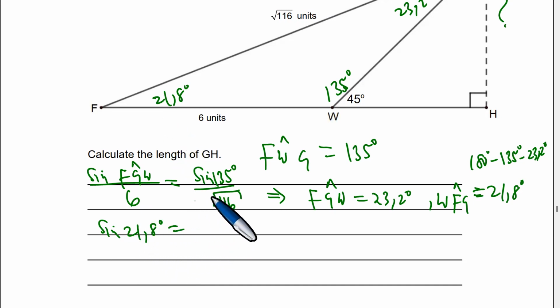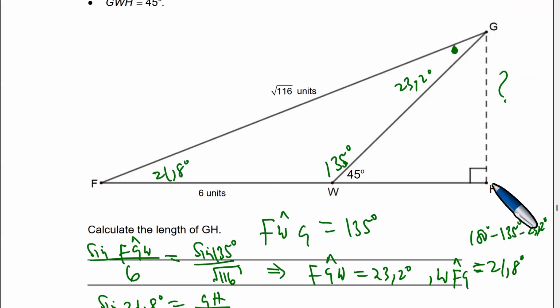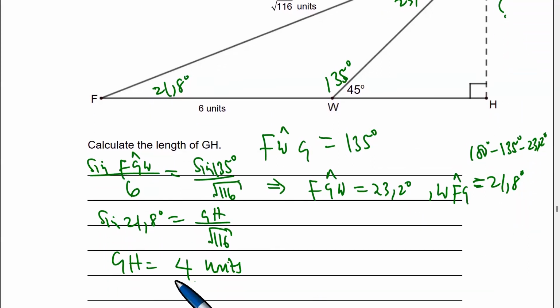So we can find the sine of 21.8 degrees, which is GH over, which means GH. If you cross multiply, sine times the square root of that, you'd get 4 units. So the length of GH is 4 units. In this diagram, the length of GH here is exactly 4 units. Next question.